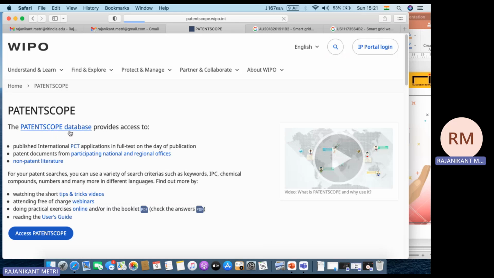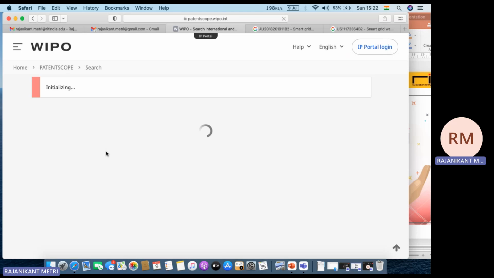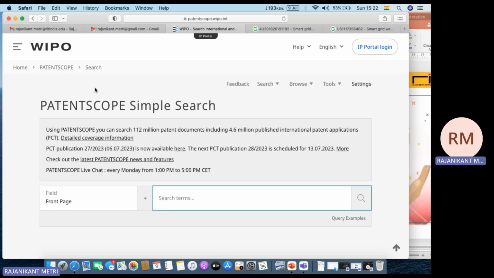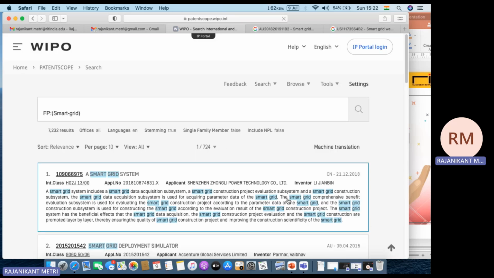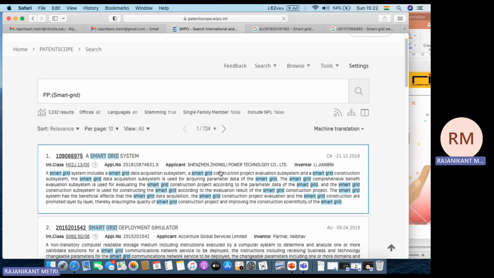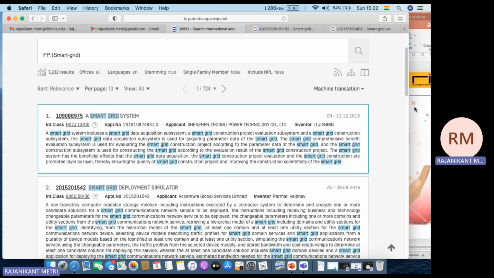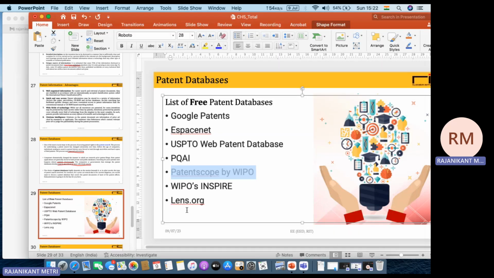You can see the PatentScope database, and it provides international PCT applications and all that. So before filing a patent, one can go through all these. These are free patent databases.